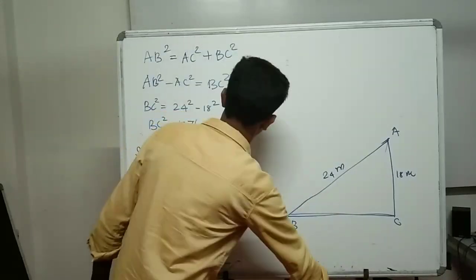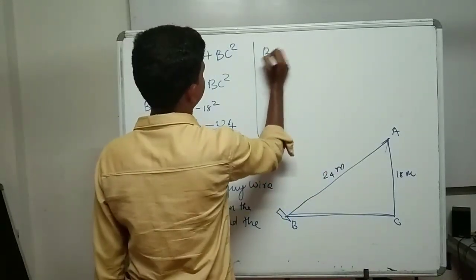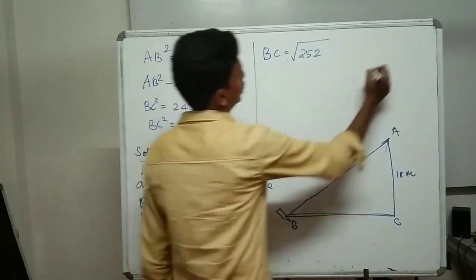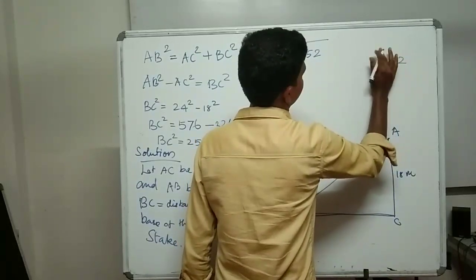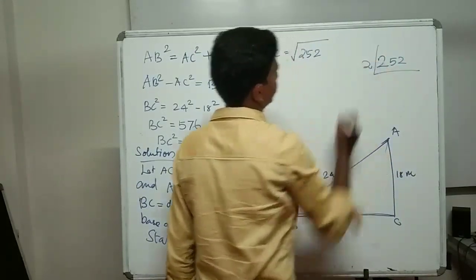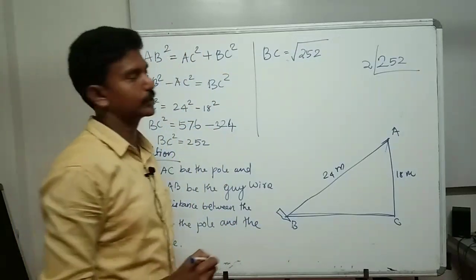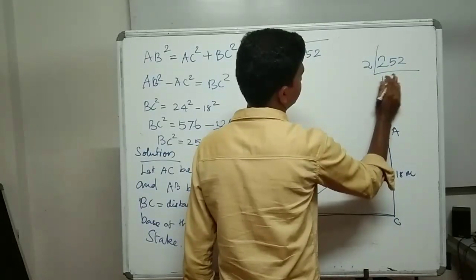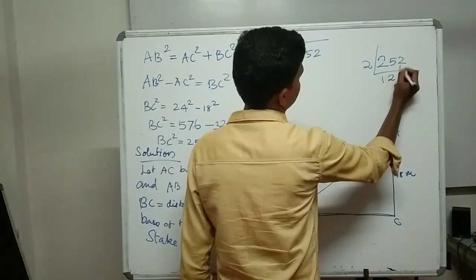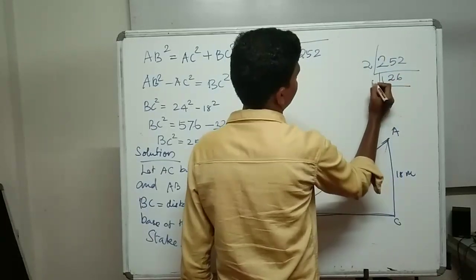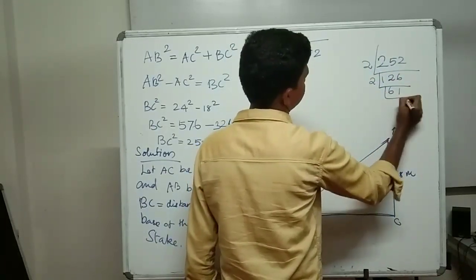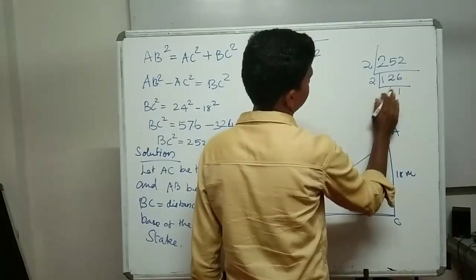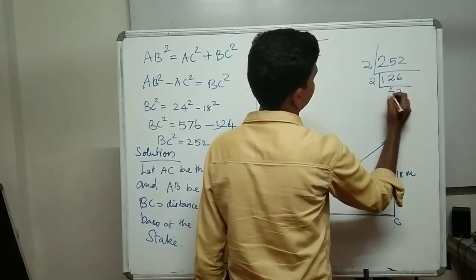So we should find out BC. So BC is equal to square root of 252. So 252 is not a perfect square. So we can find out the prime factorization. 252 divided by 2 is 126, again by 2 is 63.